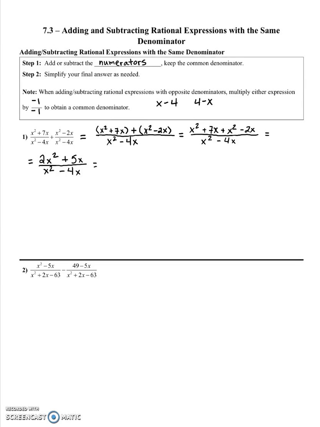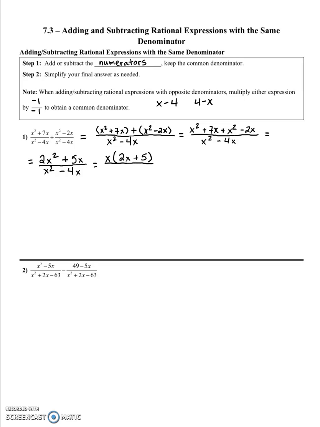Now, to simplify this, we need to factor both the numerator and the denominator. So in the case of the numerator, we can factor out the x, and we're left with 2x plus 5.